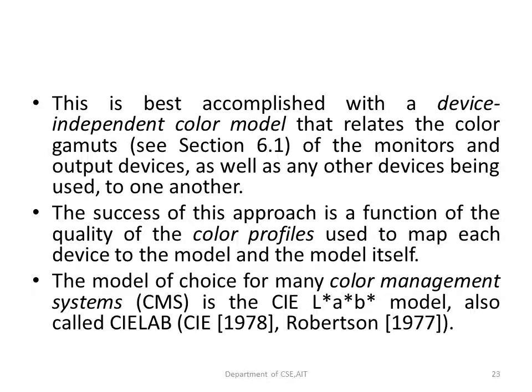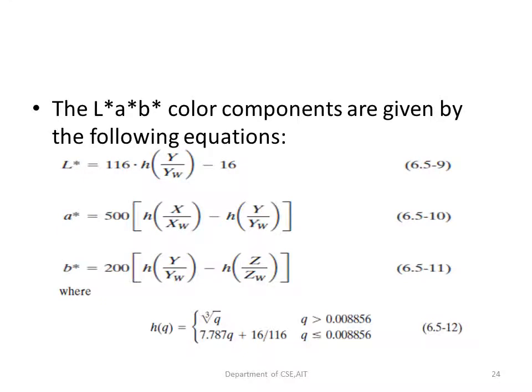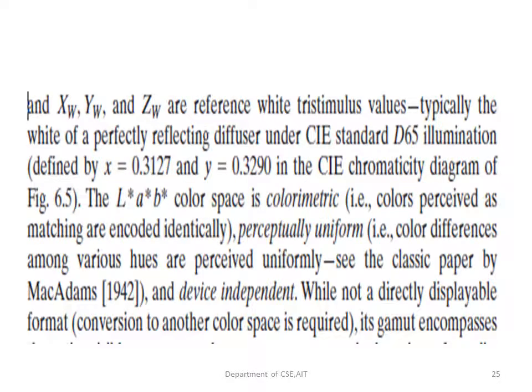The LAB color components are given by the following equations 6.9, 6.10 and 6.11, where h(q) is equal to the cube root of q, or 7.787 q plus 16 by 116, where XW, YW and ZW are the reference white's tri-stimulus values, that is, the white of a perfectly reflecting diffuser under the CIE standard D65 illumination model.